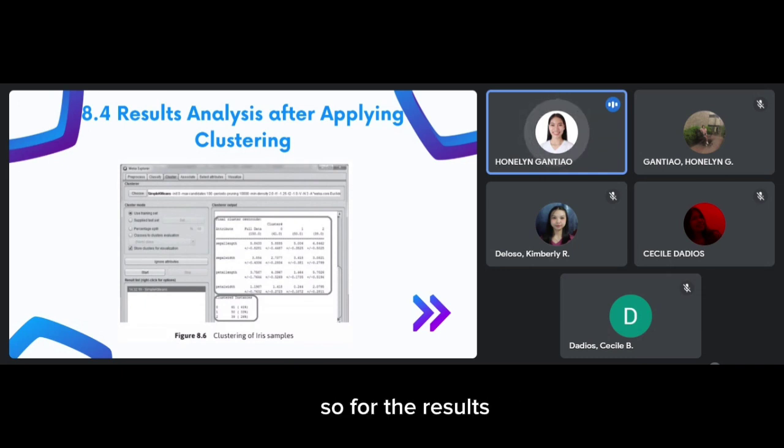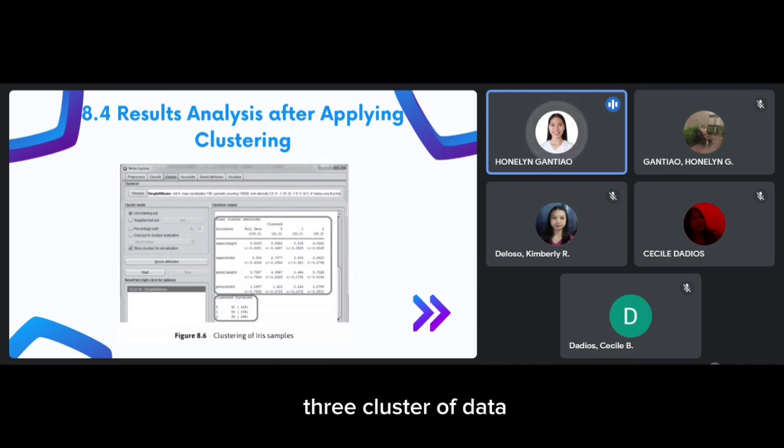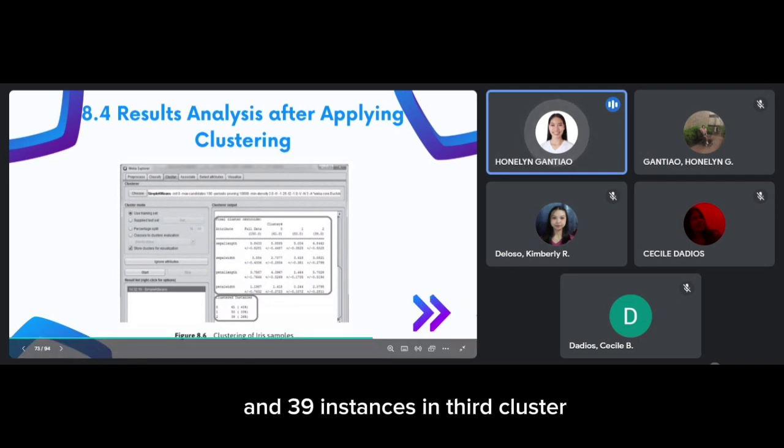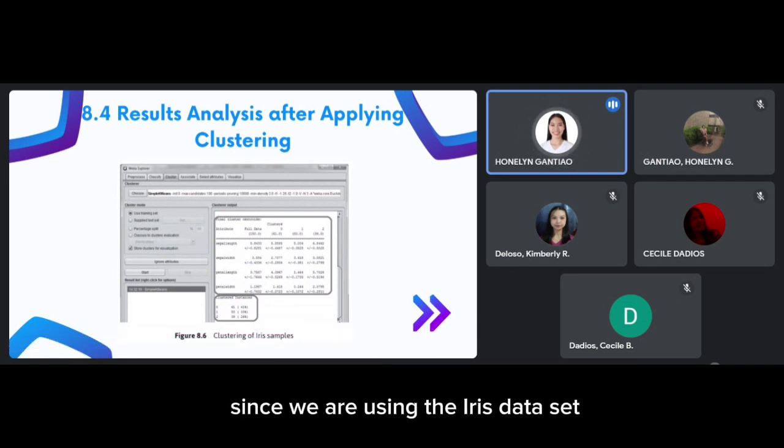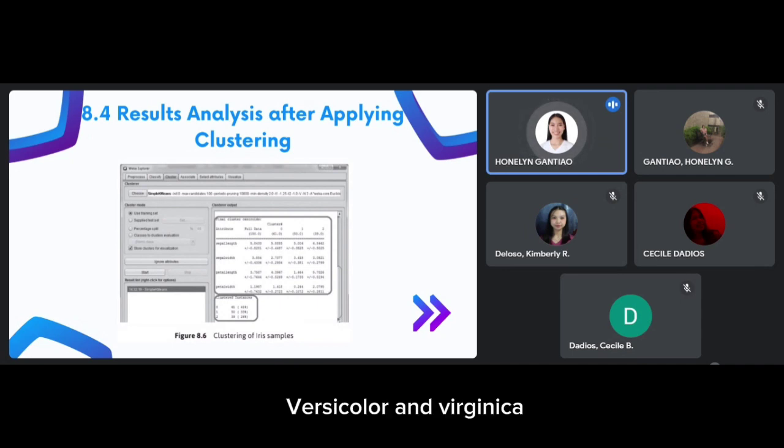So for the results, we can verify that the k-means clustering algorithm identifies three clusters of data having 61 instances for the first cluster, 50 instances in the second cluster, and 39 instances in the third cluster. Since we are using the iris dataset, we know that there are three clusters, such as Setosa, Versicolor, and Virginica, having 50 instances each.